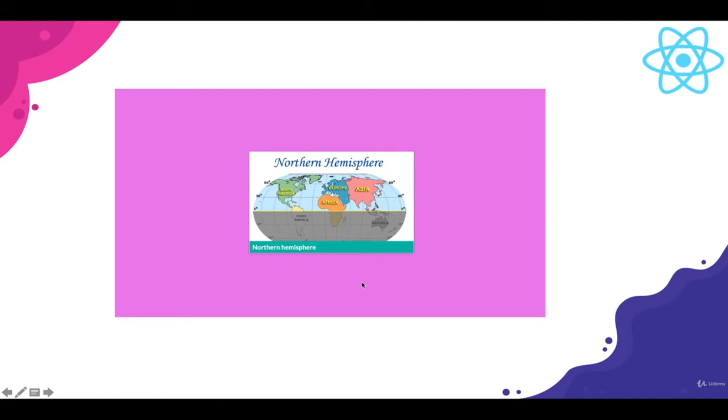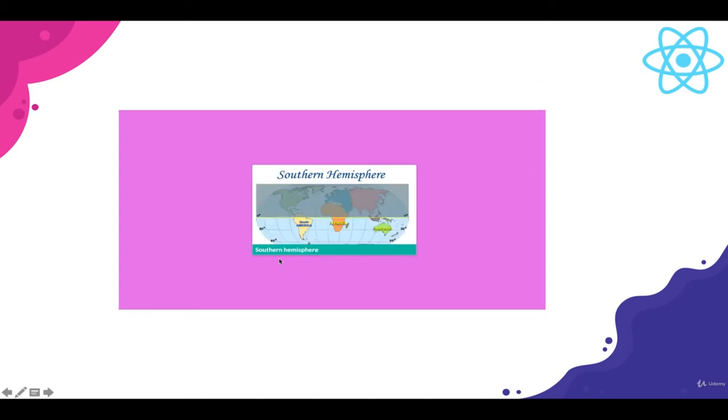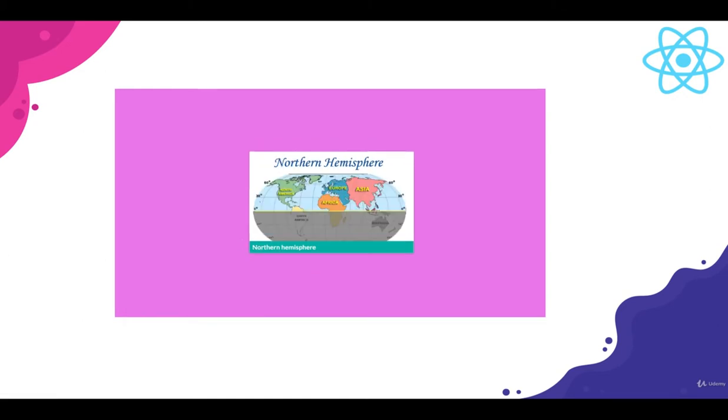So I want to be able to print on the screen something like you are in the northern hemisphere or you are in the southern hemisphere. So essentially, we're just detecting which hemisphere the user's in based on the user's location. So we're going to print different content on the screen based upon that information.